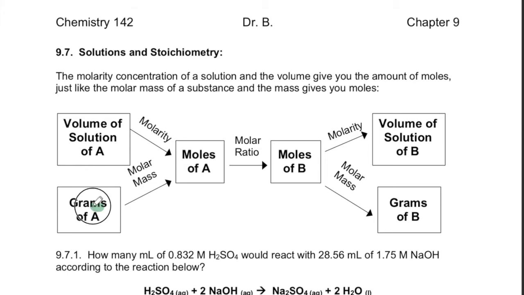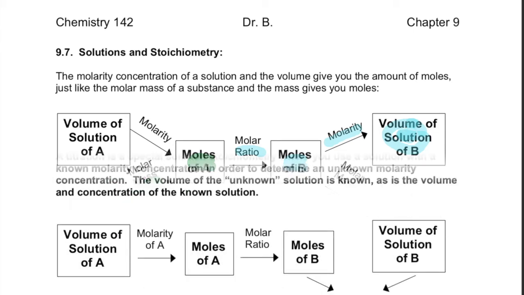So we are starting with grams of zinc, and we'll use the molar mass to get to moles of zinc. Then we'll use the coefficients to get to the moles of hydrochloric acid, and then we can use the molarity concentration to figure out what volume of that solution is needed.